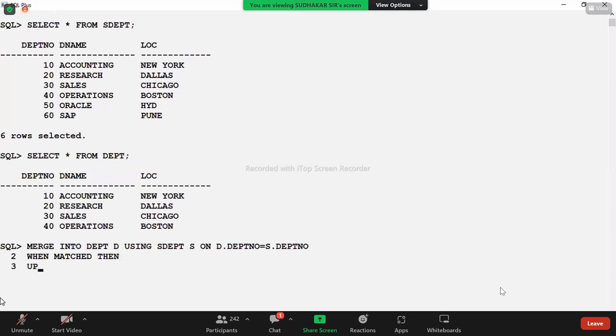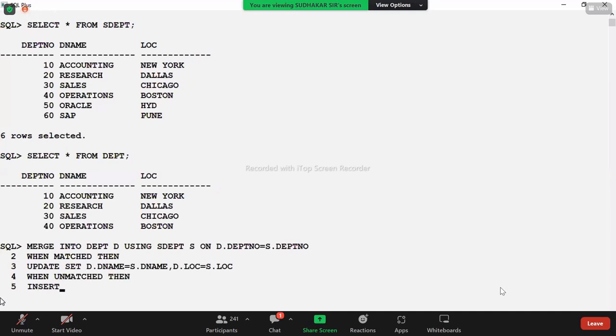Override, update, set which column? Destination table dot remaining columns. D dot D name is equal to S dot D name, comma D dot LOC location is equal to S dot LOC. Is it clear? All columns? Yes. Then what next? When unmatched, then what do I want to do?